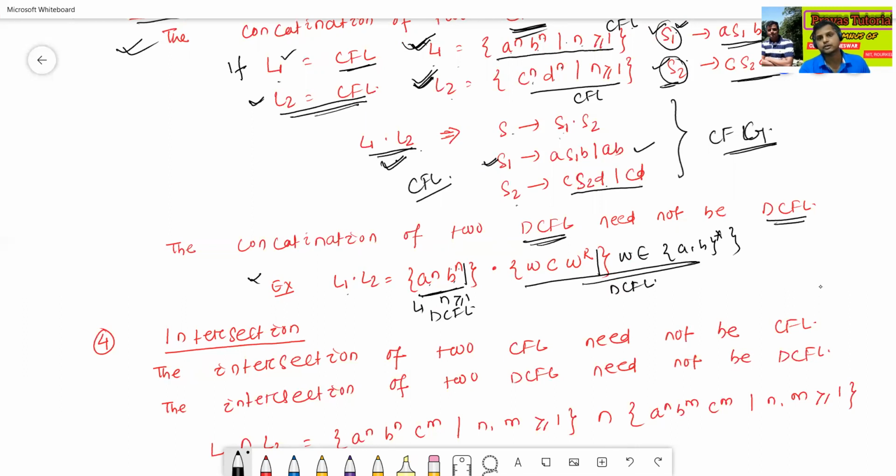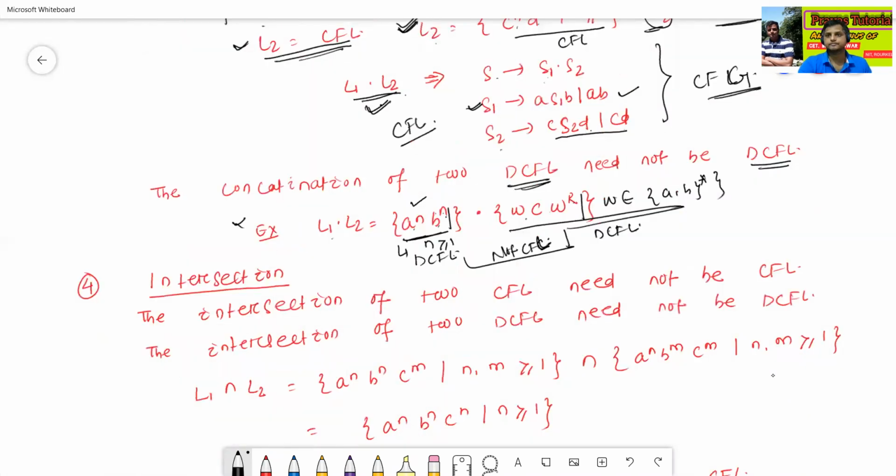But the concatenation of a to the power n, b to the power n and w c w reverse is not DCFL. So the concatenation of two DCFL languages need not be DCFL. Okay, so now we'll see the next closure property.